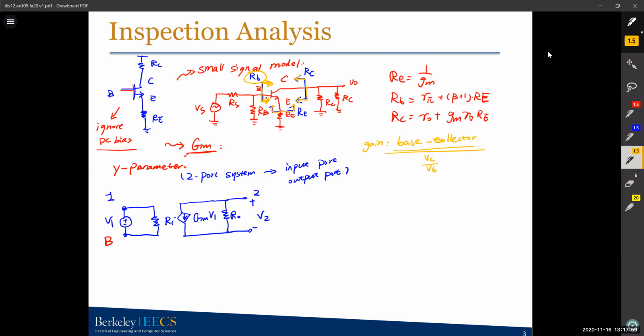In this case, you will replace your port 1 with your base. Your base is port 1, your input, and your output port will be the collector. So this will be C. In other words, the V2 here will be VC, and your V1 here, your input source, will be VBE.